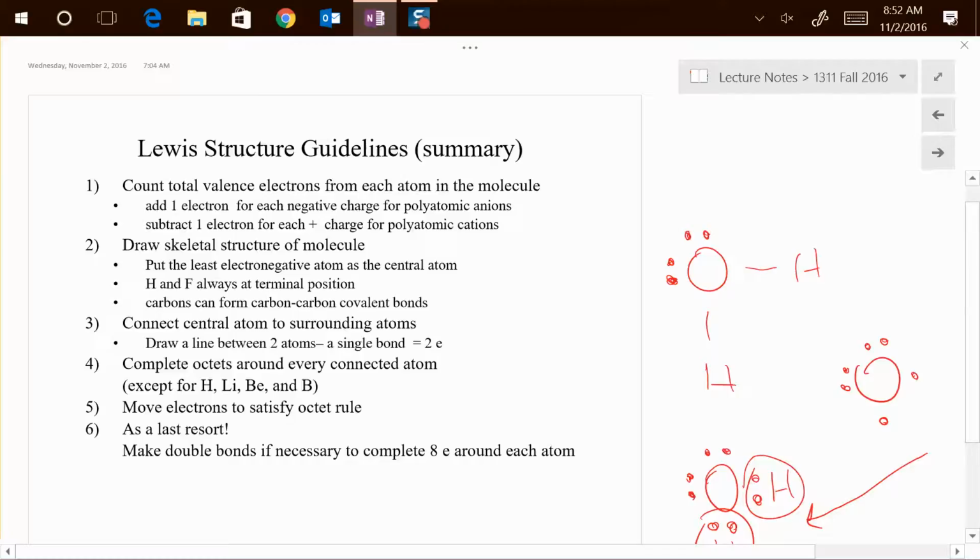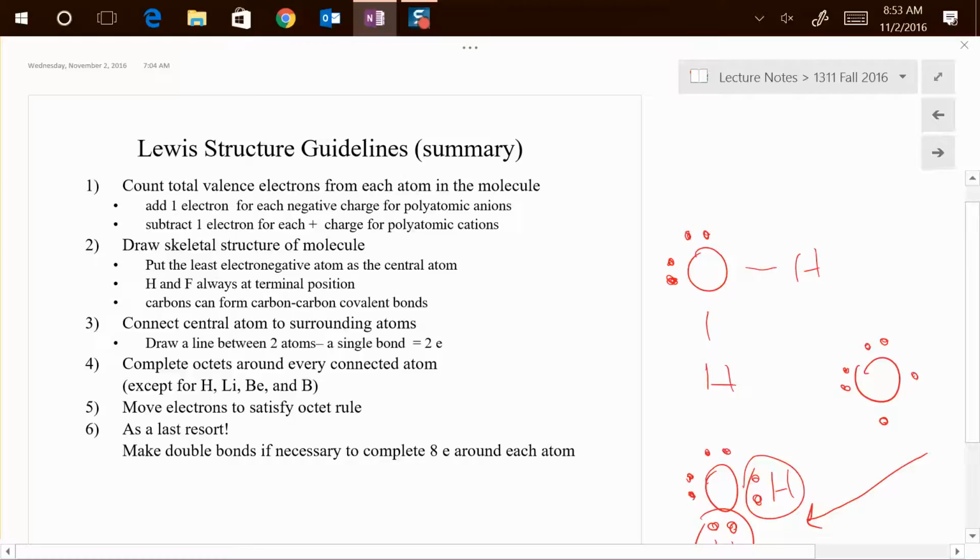Then you're going to draw a skeletal structure, and you're going to put the least electronegative element in the center. So if I was bonding phosphorus and chlorine, which one would go in the middle? Phosphorus is less electronegative than chlorine, so phosphorus goes in the middle. That's right. So the least electronegative one goes in the middle, surrounded by the more electronegative one.